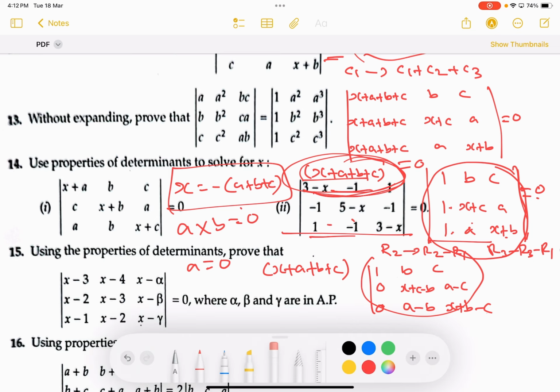See, look at here. These two elements became 0. I made R2 minus R1 and also R3 minus R1. By that, these two become 0.